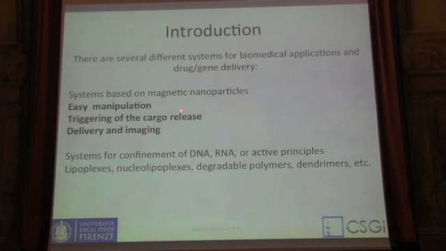So let's start. There are 2 main systems that we studied during the years. There's the magnetic nanoparticle, and we like magnetic nanoparticles very much, much better than gold nanoparticles. The first nanoparticle alloy we synthesized was in 1991, a long time ago. But magnetic nanoparticles are much more interesting in our view, because they're very easy to manipulate.